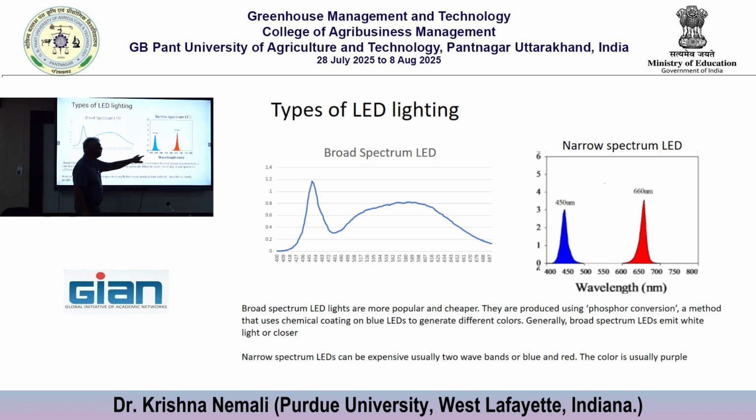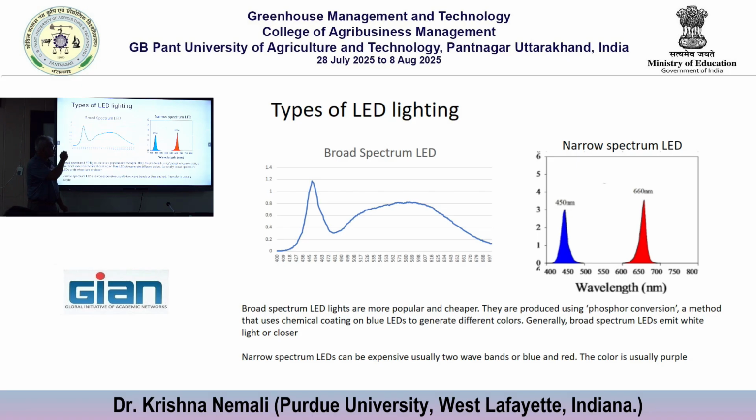Is there any light in between? There is no light. But here, it's continuous, broad band. This is narrow band. Two colors, versus all colors. Broadband versus narrow band lighting.